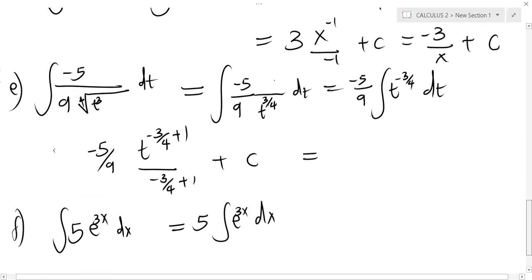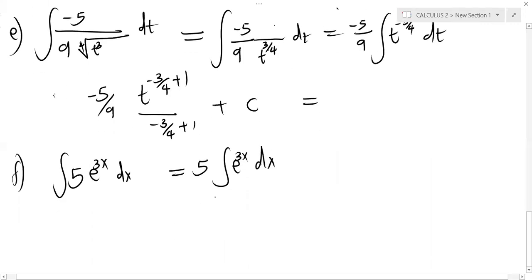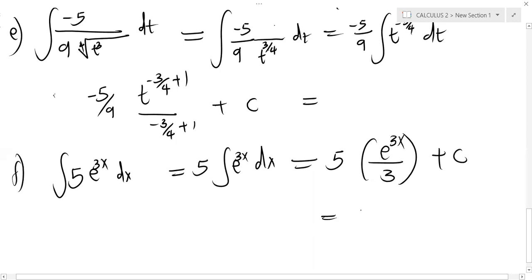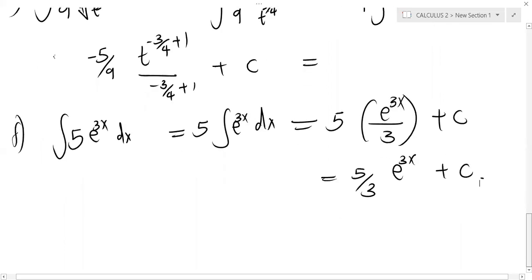Okay, let's come back to our question. This is going to give us 5 into exponential 3x over 3 plus c, which is obviously 5 over 3 exponential 3x plus c. So basically, that's how we go about integrating these standard functions.